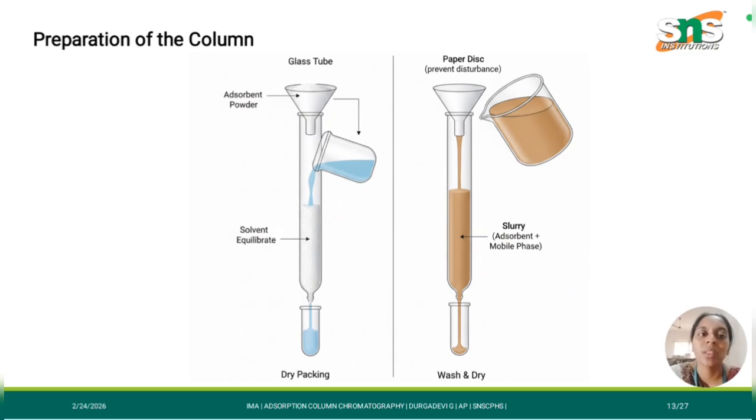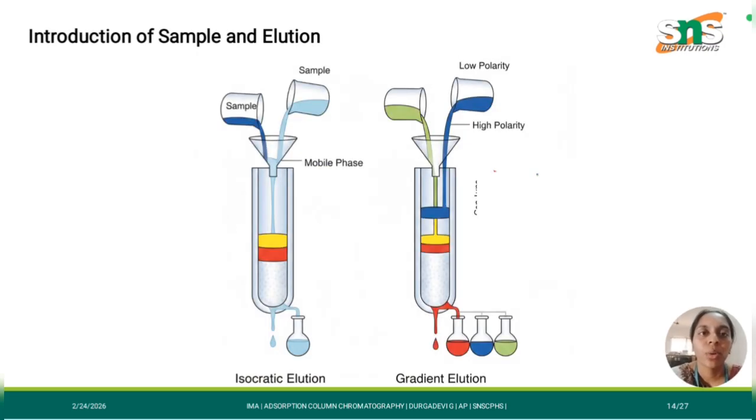Column preparation is by dry packing or wet packing. In the dry packing method, the column is filled with the adsorbent, and then the mobile phase is added. In wet packing, a slurry of adsorbent is prepared first and then poured inside the column. Then the introduction of sample and elution is based on isocratic elution and gradient elution.